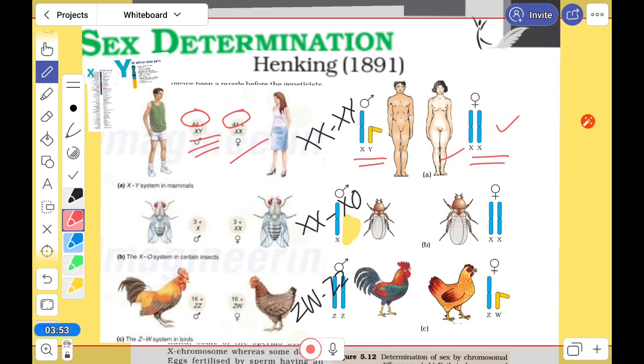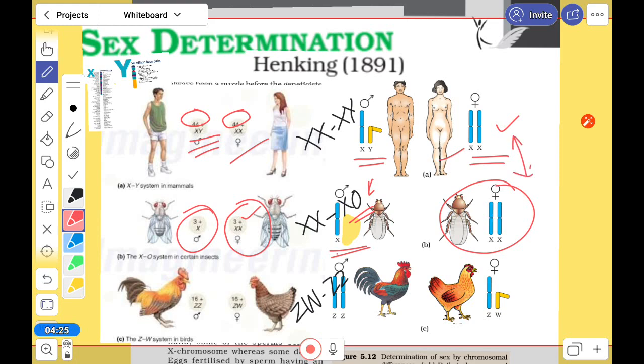Now there are 2 other systems you have to learn. The next one is the XX-XO system. It indicates that in female both X are there with the autosomes, the body chromosomes, and in male only one X is there. No other chromosome, so it is called XO; O here indicates nothing. In female it is XX, like a human being.